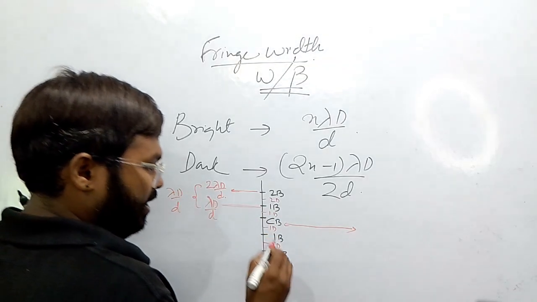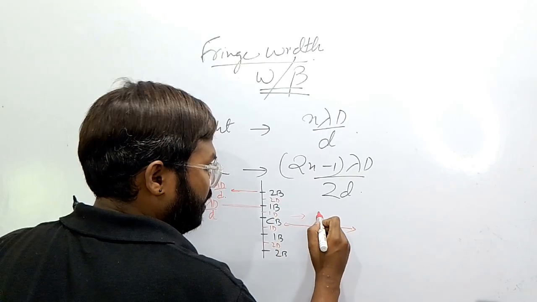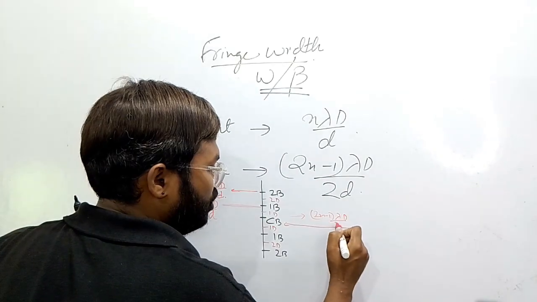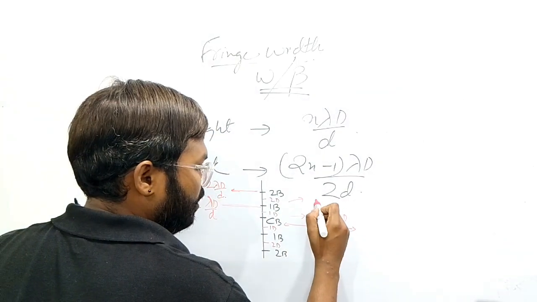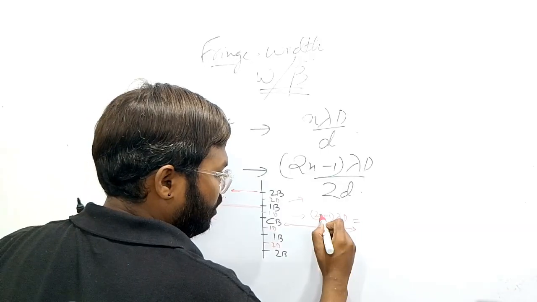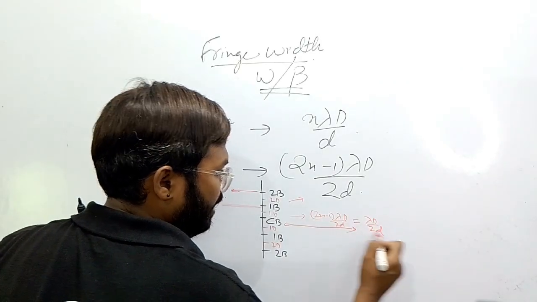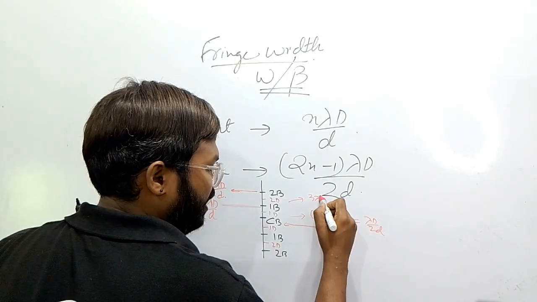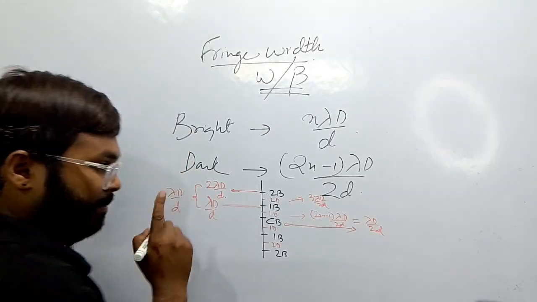Clear? And in case of dark, I was having the formula 2n minus 1 lambda d by 2d, and this was the general formula. So if I put n equal to 1, 2 minus 1, so lambda d by 2d, and here I will have 3 lambda d by 2d for the second minima.